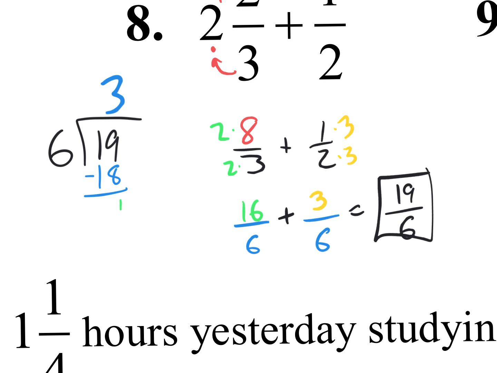Now, if I wanted to change it to a decimal, that's where I would add a decimal and a 0, drop a 0, and continue. But I want a mixed fraction, which is always the answer 3 with the remainder over the original divisor. So 3 and 1 over 6. So 3 and 1/6 could also be the answer. Both answers are correct.